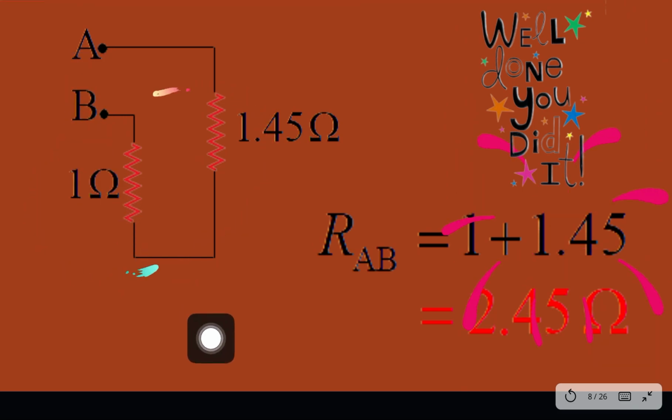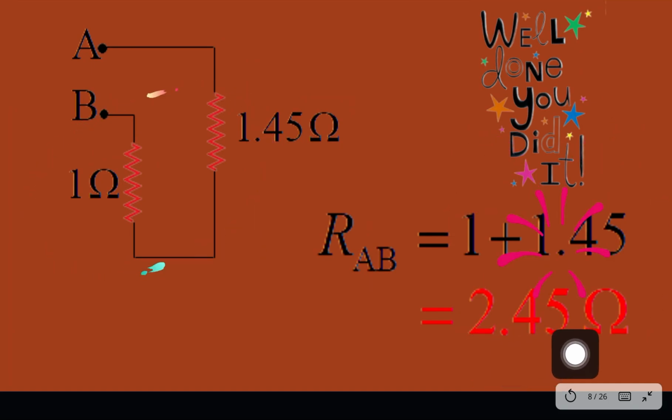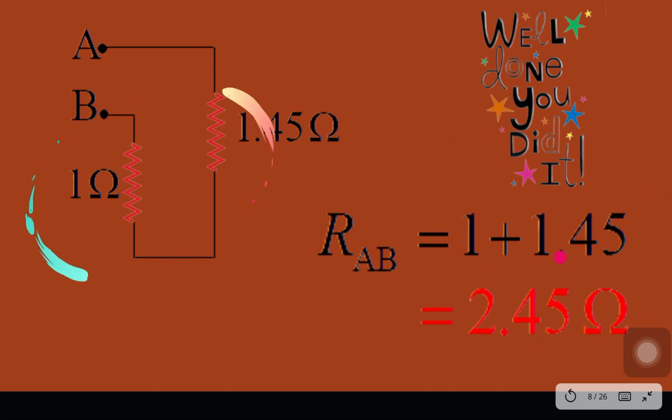RAB will equal 1 plus 1.45, where RAB, the effective resistance for AB, equals 2.45 ohm. Okay, so how is it? Is it okay?